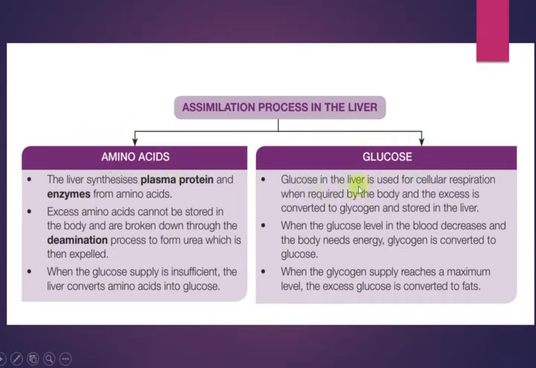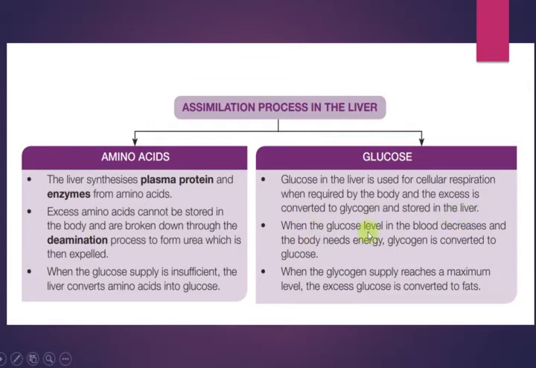Glucose in the liver is used for cellular respiration when required by the body, so it will be transported to the body cells. If there is excess, it will be converted to glycogen and stored in the liver.